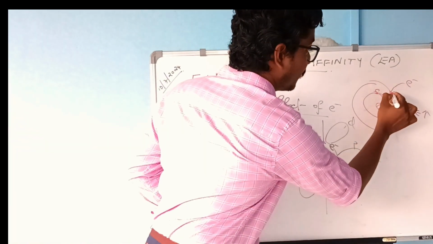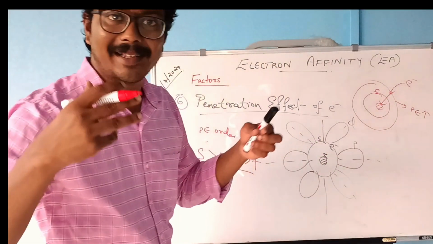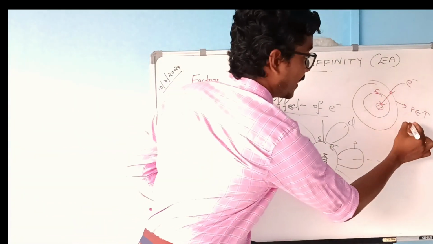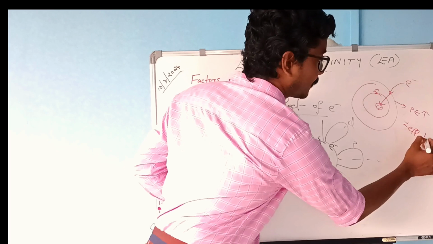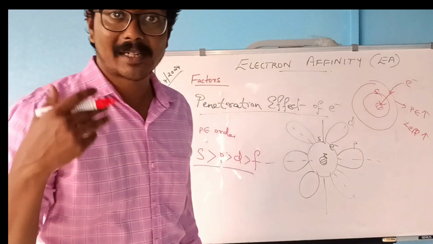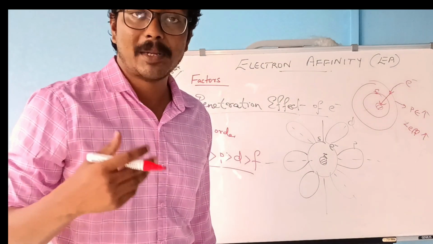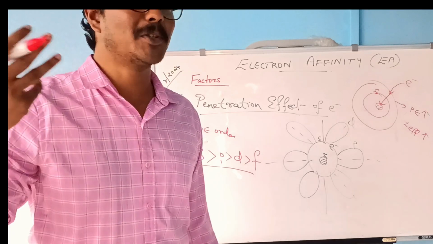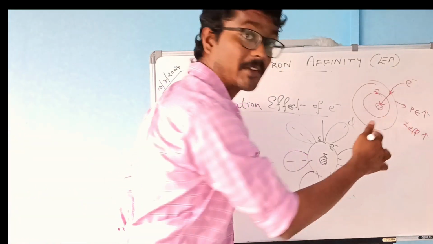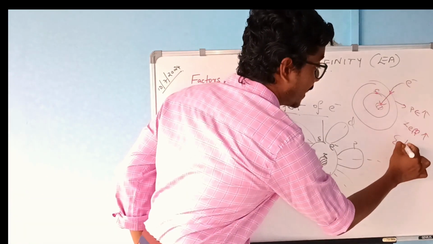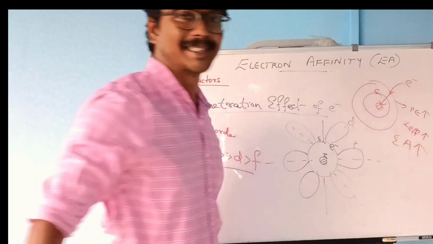This electron will be attracted more towards the nucleus. So the effective nuclear charge increases. More penetration effect means the ability to move closer to the nucleus is also higher. So Z effective increases. As a result, electron affinity increases.